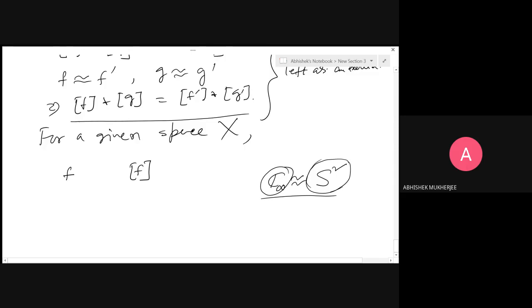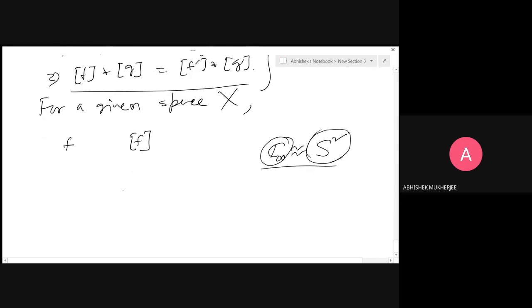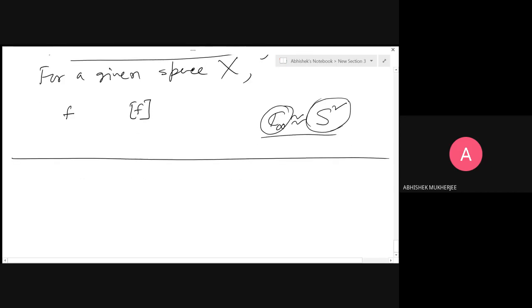The proof is like that. So first of all, let us have a look at the associativity case.